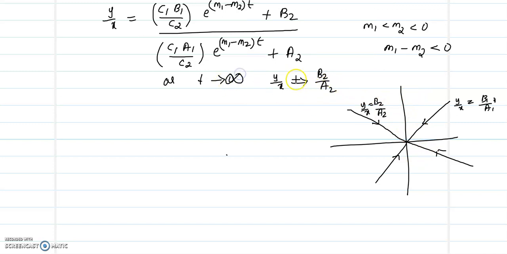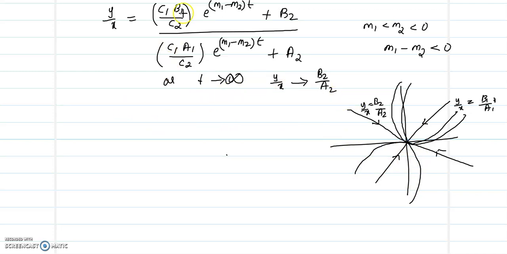As t tends to infinity, these will be curves having slope b2 by a2. So we will be getting curves of this form, and they will be approaching this line.